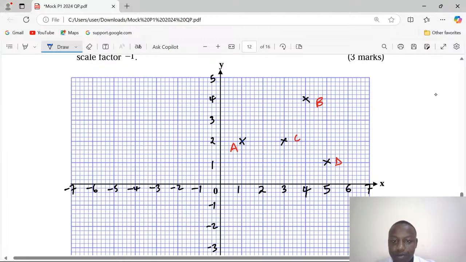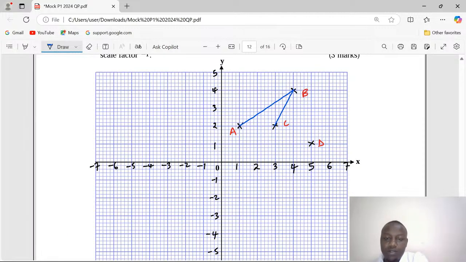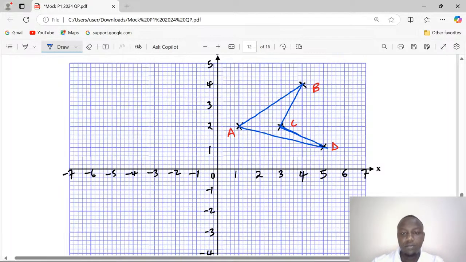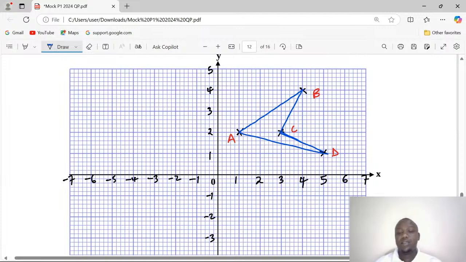You connect according to the name, from A to B, then from B to C, then from C to D, then back to A. Yeah, so that is the quadrilateral that we are dealing with.